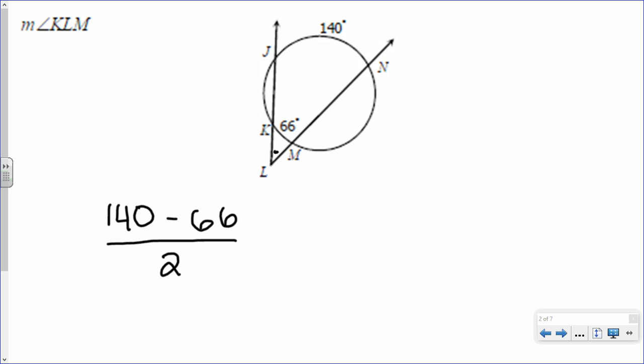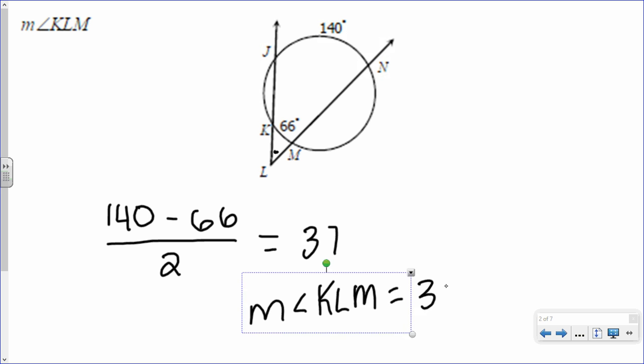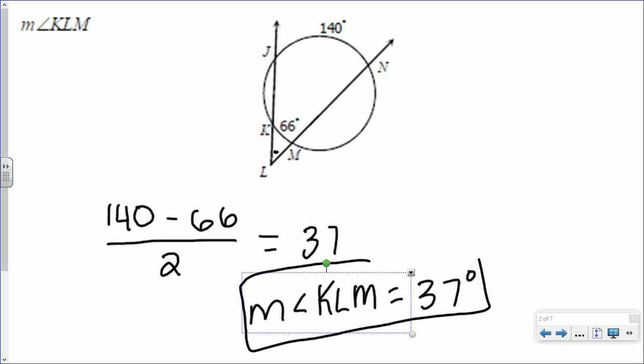So 140 minus 66 divided by 2, and you end up with 37. So we know the measure of angle KLM is equal to 37 degrees. So this angle here is 37 degrees.